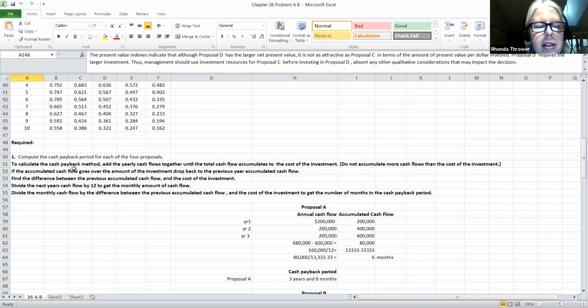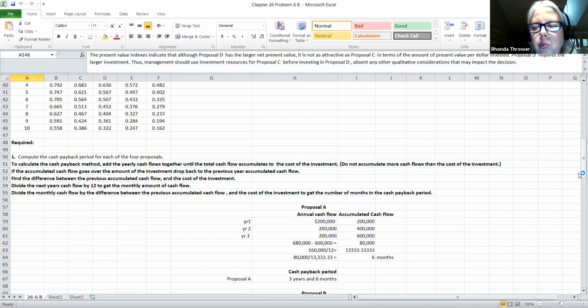To calculate the cash payback period, you're going to add the yearly cash flows together until the total cash flow accumulates to the cost of the investment. Do not accumulate more cash flows than the cost of the investment.